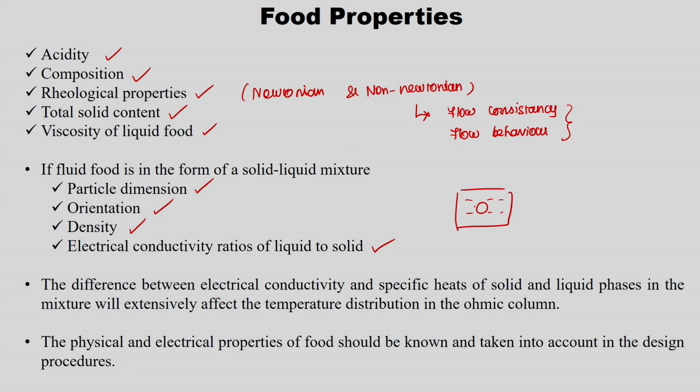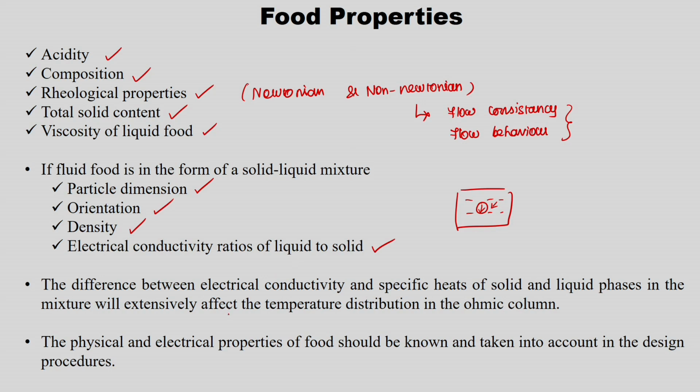In thermal processing technology, we might have told right, the heat transfer coefficient and the thermal conductivity of the solid material should be well matched, otherwise the convection may be very fast and conduction will be very slow, then in such a case you will have overheating at the surfaces. The same thing here. When we use solid particulates in the liquid, the electrical conductivity ratio between the solid and liquid is also very much important when we employ ohmic heating.